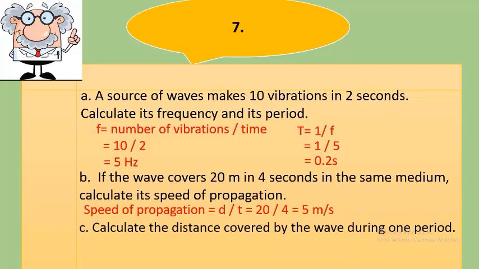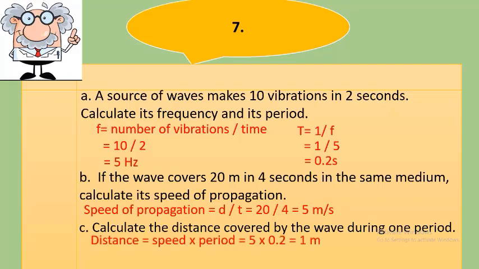Calculate the distance covered by the wave during one period. So we have to consider one period being 0.2 seconds. Again, we go back to the formula that we have taken earlier, which is speed is equal to distance divided by the time. So in this case, we need to calculate the distance, which is equal to the speed times the time.